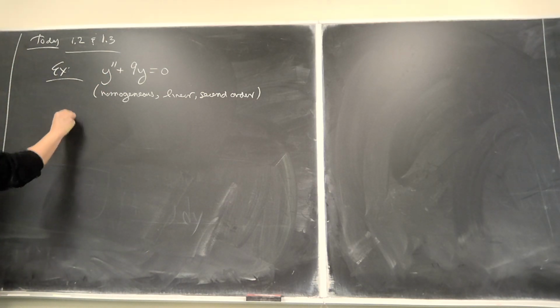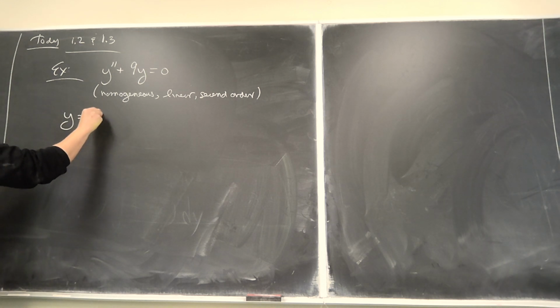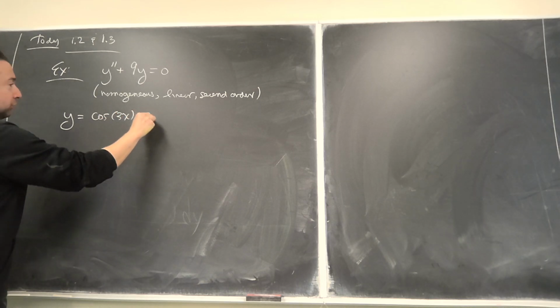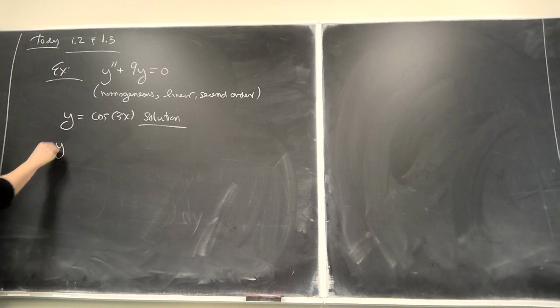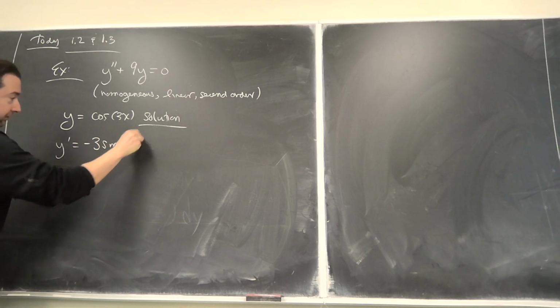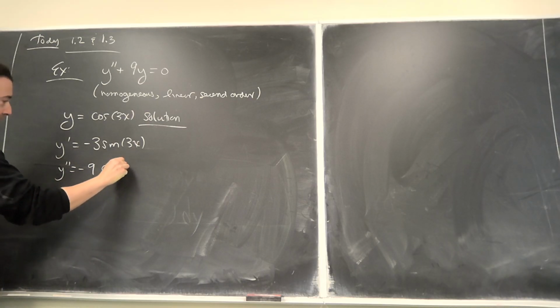So just to make this totally clear, when I write down y is equal to the cosine of 3x, this is a solution to the differential equation because if you calculate its derivatives, y prime is minus 3 times the sine of 3x, and y double prime is minus 9 times the cosine of 3x.